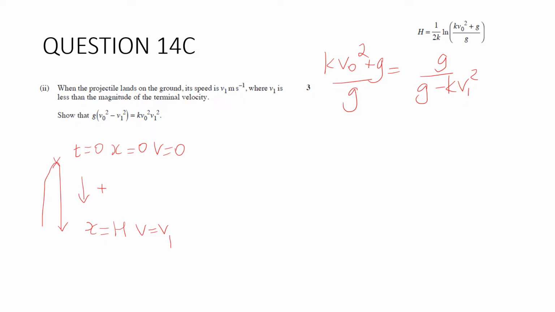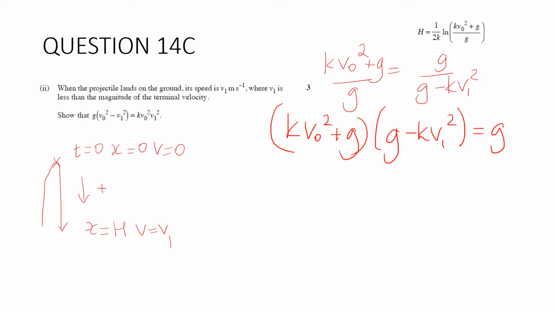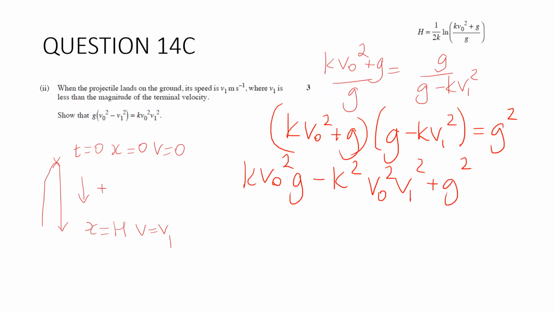What's multiplying? (kv naught squared plus g) multiplied by (g minus kv1 squared) is equal to g squared. Expanding, kv naught squared g minus k squared v naught squared v1 squared plus g squared minus kg v1 squared is equal to g squared.